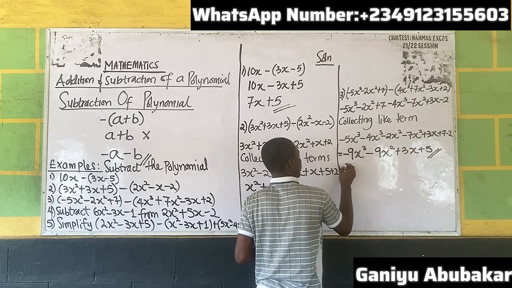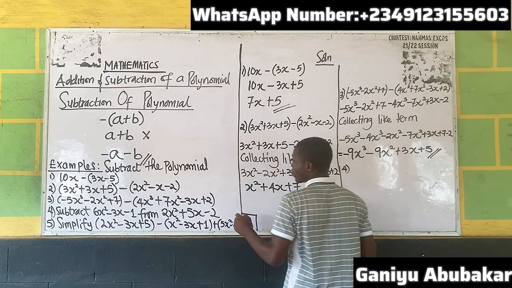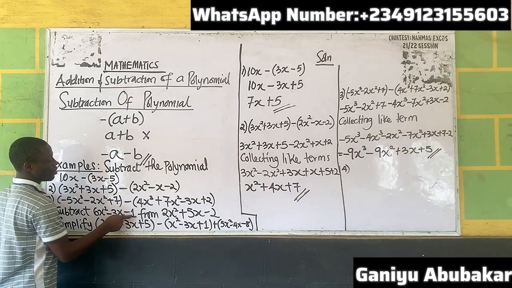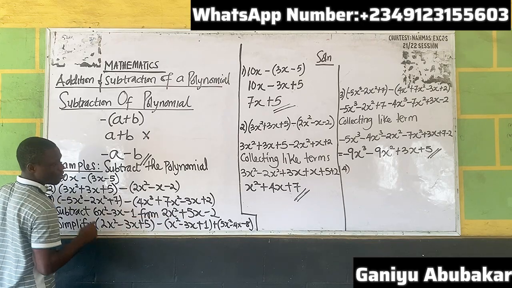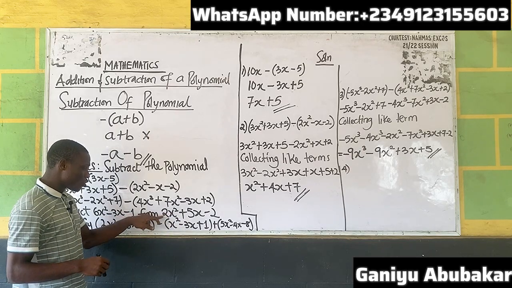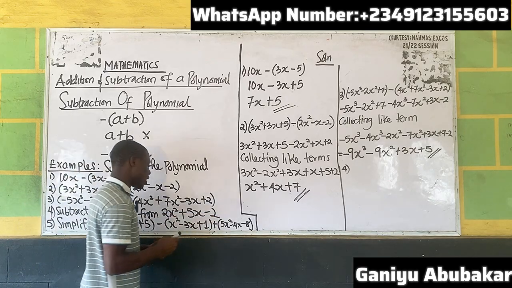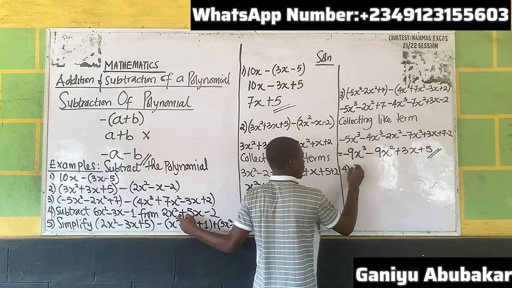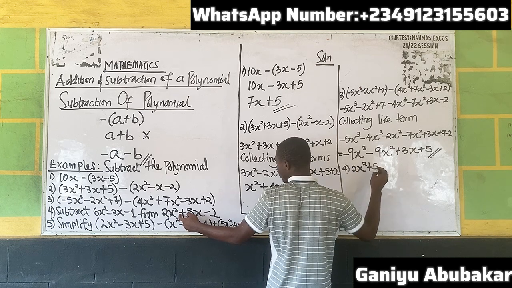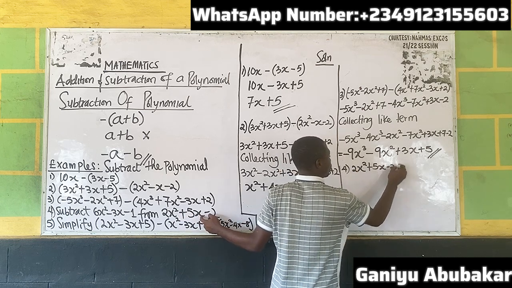For question 4, it says subtract this from this, right? I'm going to remove this value from this. So it means this one will start first. That's 2x squared plus 5x minus 2.